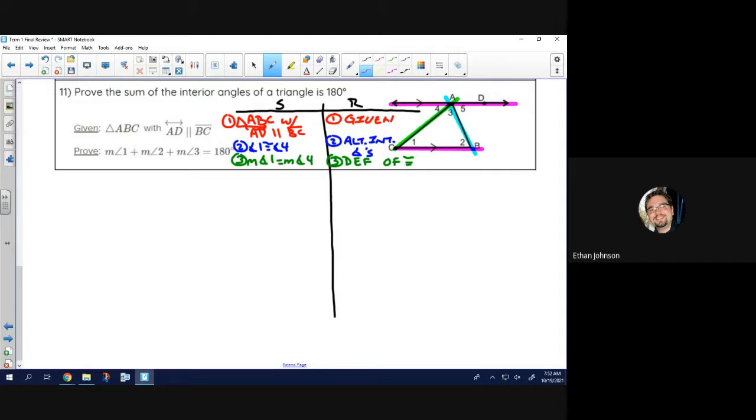I can say angle 2 is congruent with angle 5 because of alternate interior angles. But then once again, I need to get it down into an equal statement. So I can say measure of angle 2 equals measure of angle 5. Definition of congruent.